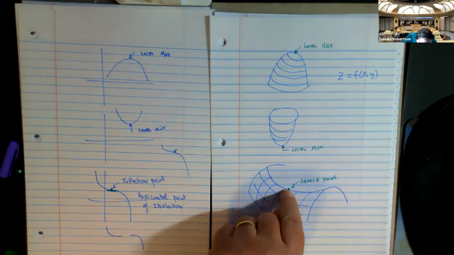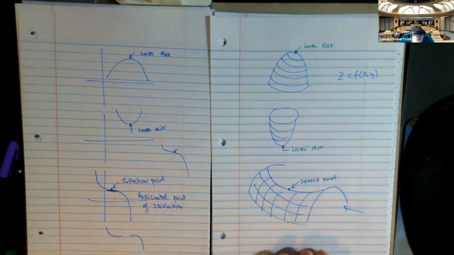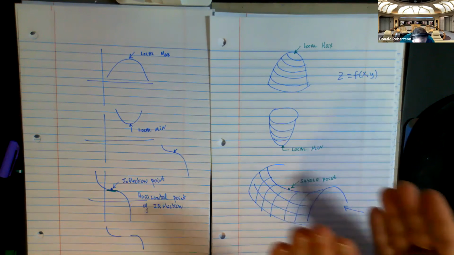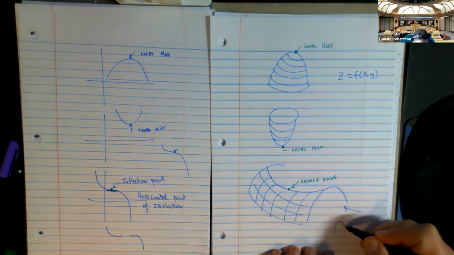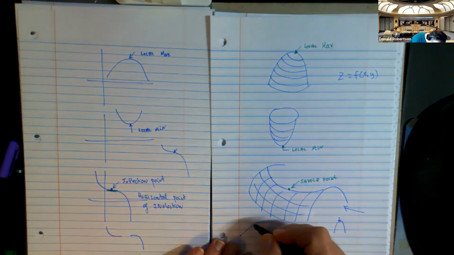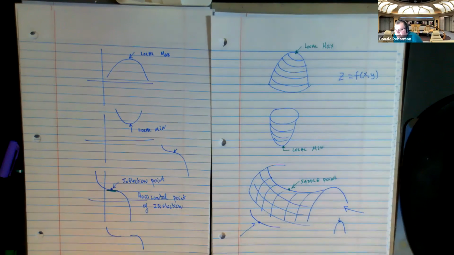In this shape here, if you look at it from this direction, can you imagine looking side on like this? Wouldn't that point look like a local max? If you look at it from this direction, wouldn't it look like a local min?